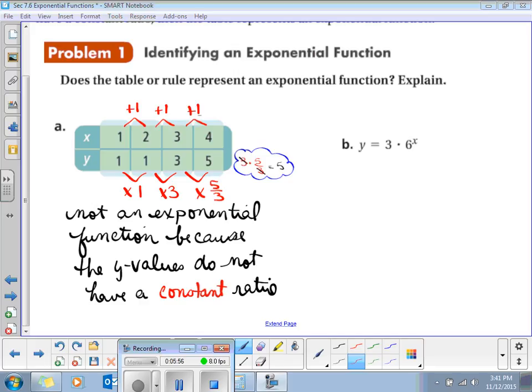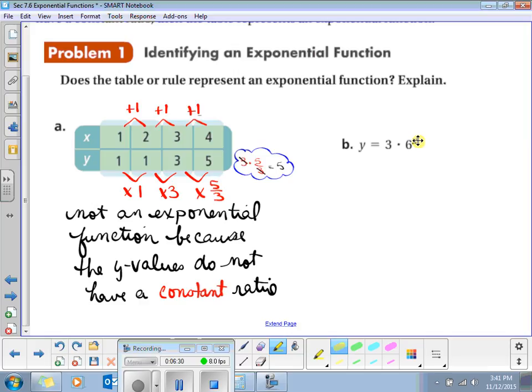So how about letter B? y is equal to 3 times 6 to the x power. Is that an exponential function? Yeah. Why? Because it's already in the form that it's supposed to be in, but also, where is my independent variable? x. It's the exponent, right?